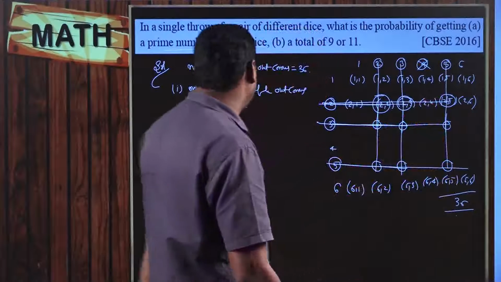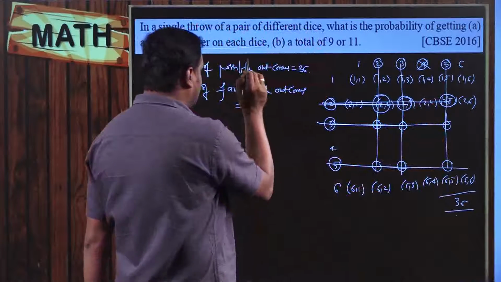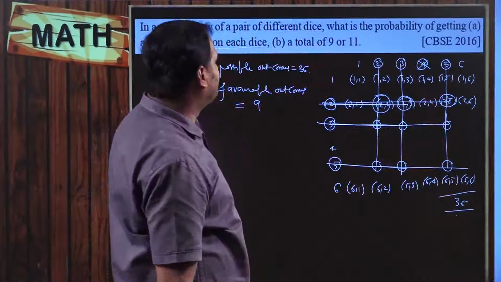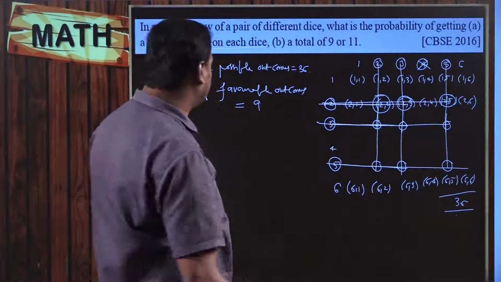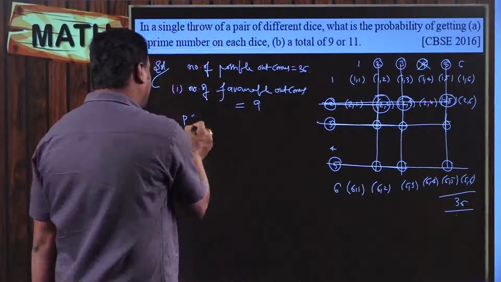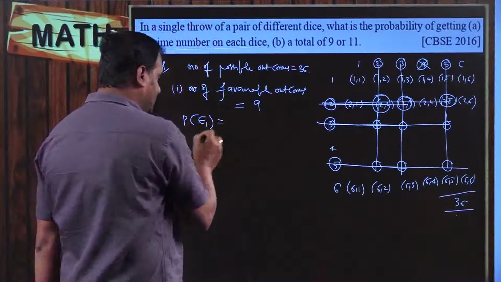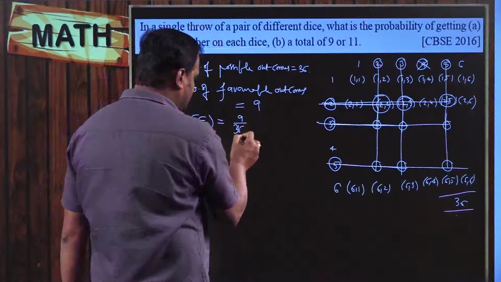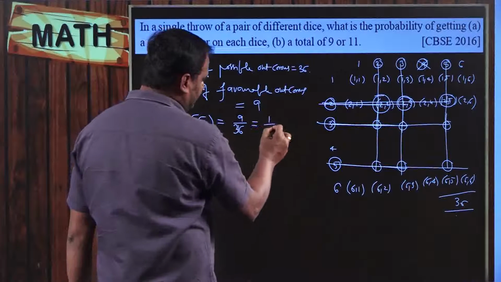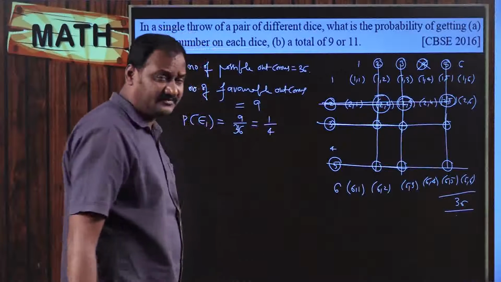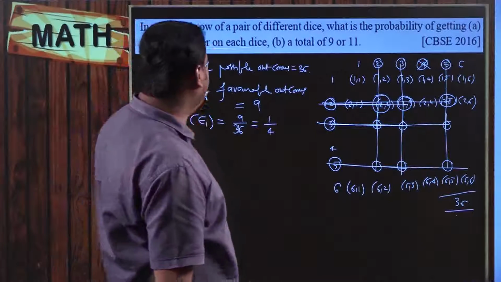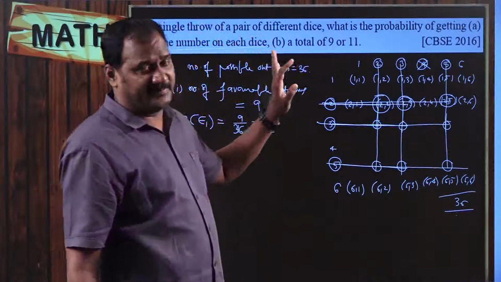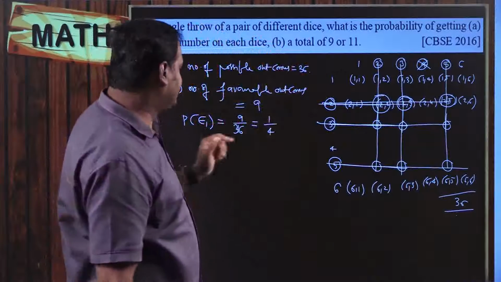So there are 9 favorable outcomes. Therefore the probability of the event is the number of favorable outcomes divided by the total number of outcomes. So 9 divided by 36 is equal to 1 divided by 4. So 1 by 4 is the probability of getting a prime number on both dice. Okay, so that's the first one.